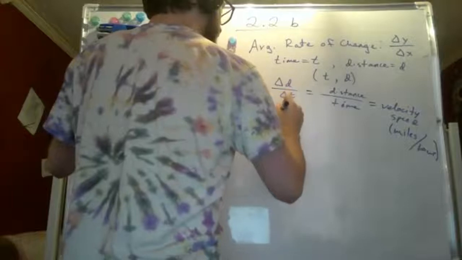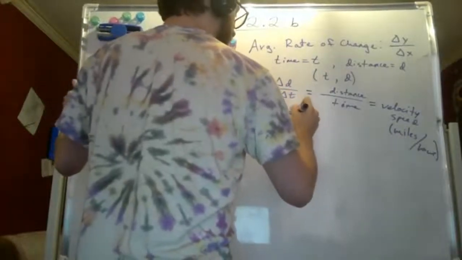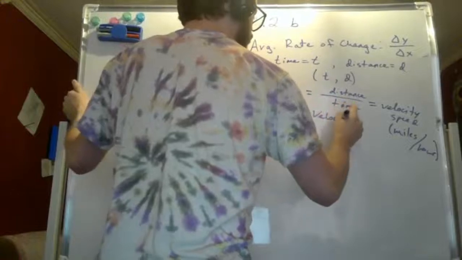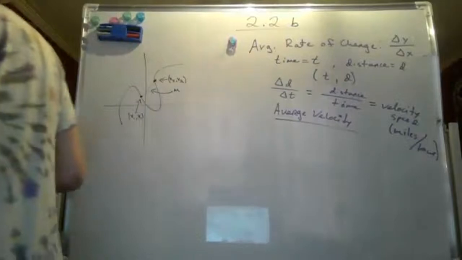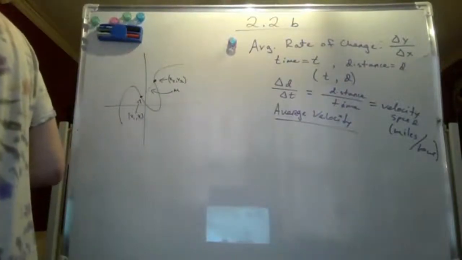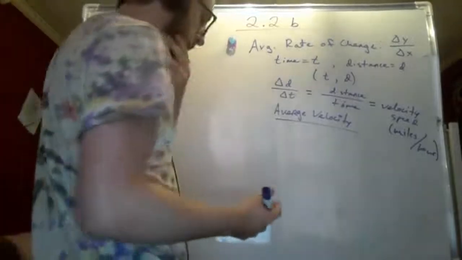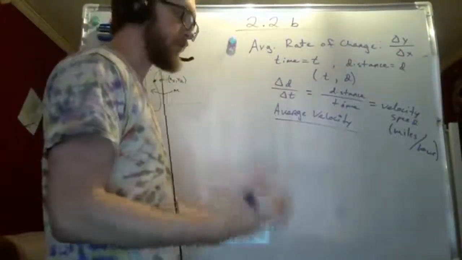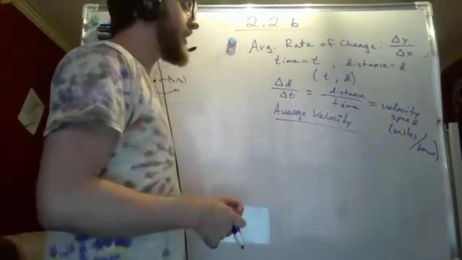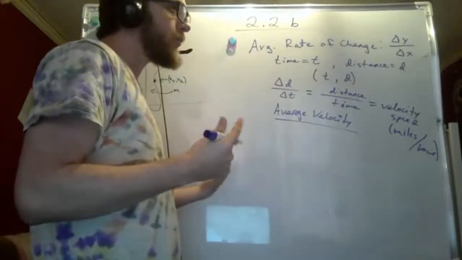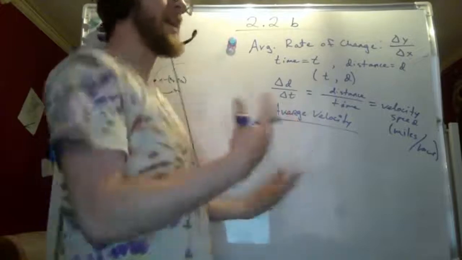So this is average velocity. Okay, so that's all fine and good, but why do we care about average velocity? I mean, if we're looking at a race or what have you, we can get an average for how fast somebody was going, but we don't care about on average how fast they were going.